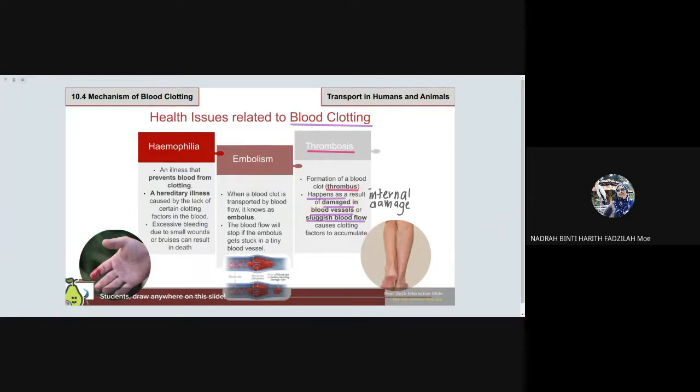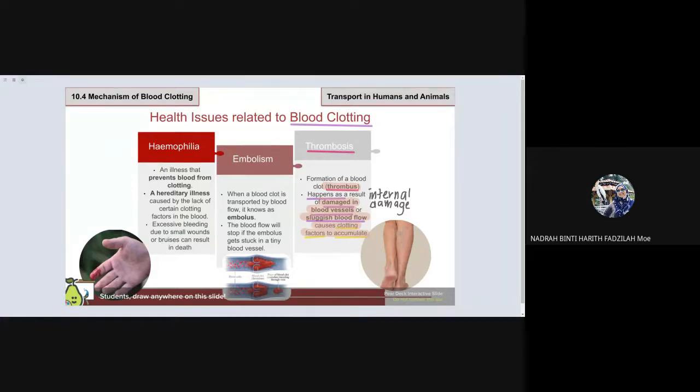Now, isu dia sekarang, bila blood clot tu tercabut dari kawasan thrombus tu terbentuk, dia tercabut dan transported by blood flow. So we call that as embolus. Kalau dia stuck kat satu tempat, kita panggil thrombus. Tapi bila blood clot tu travel inside the blood vessel, inside the blood flow, kita panggil sebagai embolus.